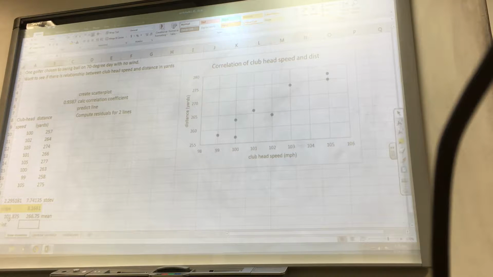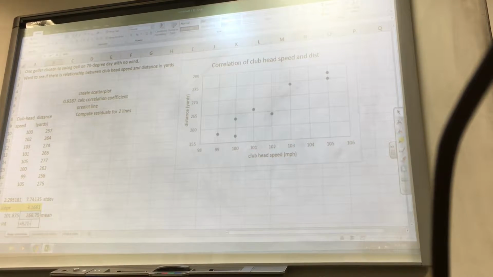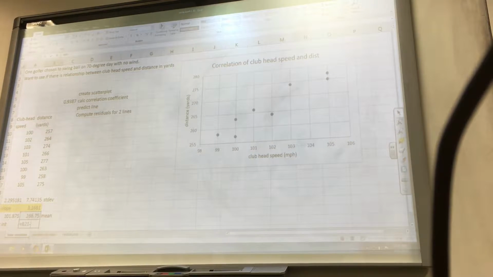Okay, what's y bar? It's the mean of the y. So I'm going to click on this one, 266.75, and then what am I going to do? I'm going to subtract. What's m? M's the slope, and in our case the slope is 3.1661.